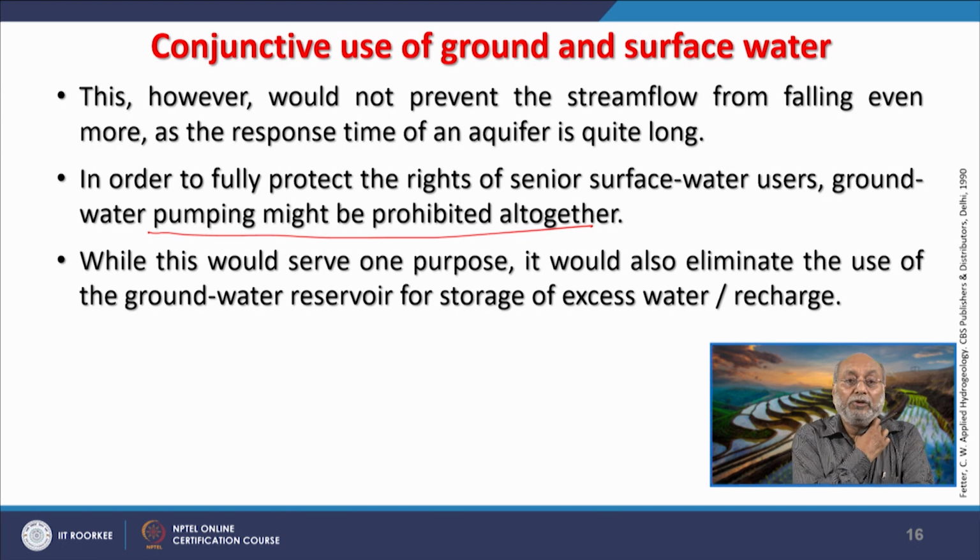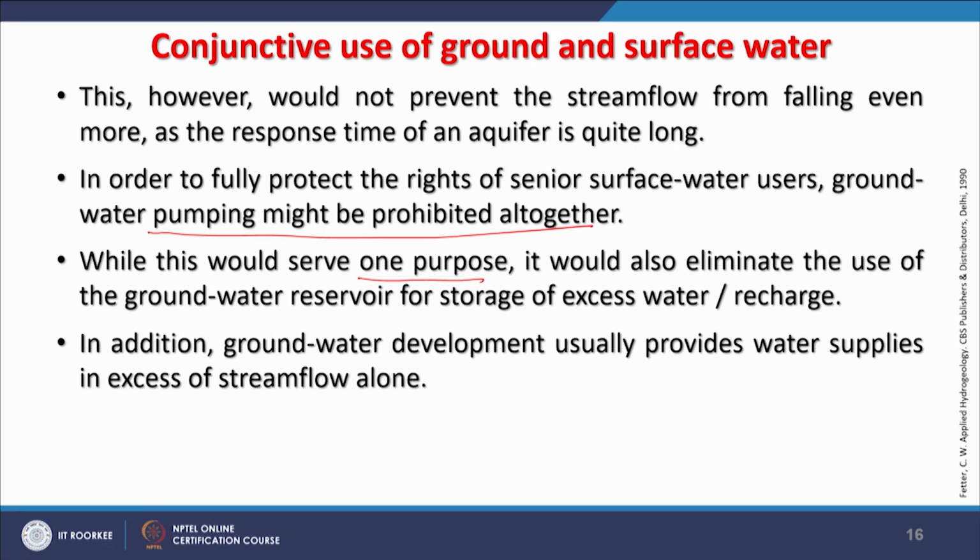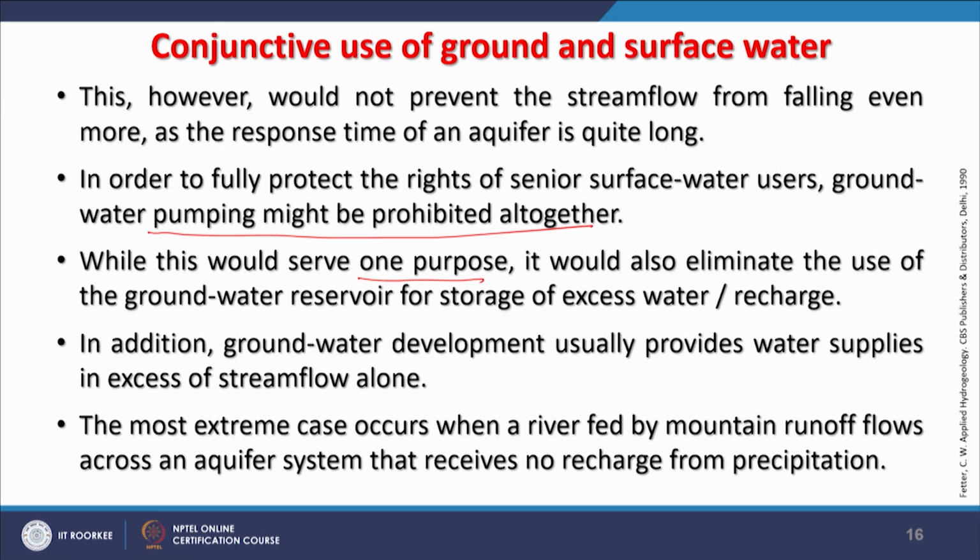While this would serve one purpose, it would also eliminate the use of the groundwater reservoir for storage of excess water and recharge. Further, groundwater development usually provides water supplies in excess of stream flow alone, and the most extreme case occurs when a river fed by mountain runoff flows across an aquifer system that receives no recharge from precipitation.